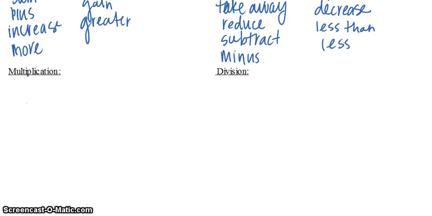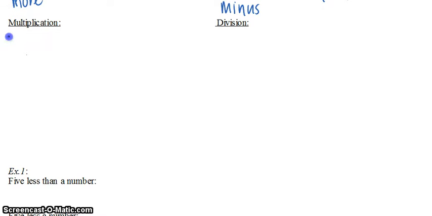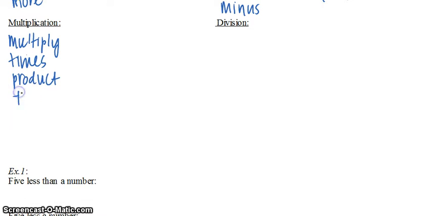For multiplication, we have the obvious multiply, times, product, which is the answer to a multiplication problem, twice, of. And for division, we have, again, the obvious divide.